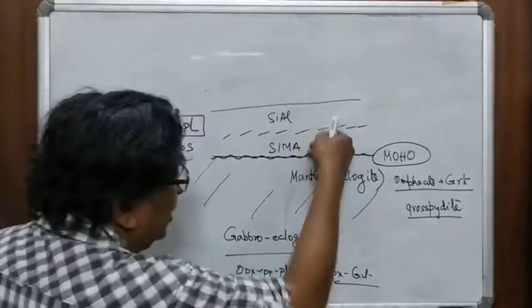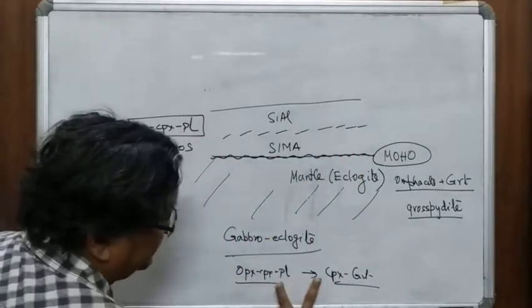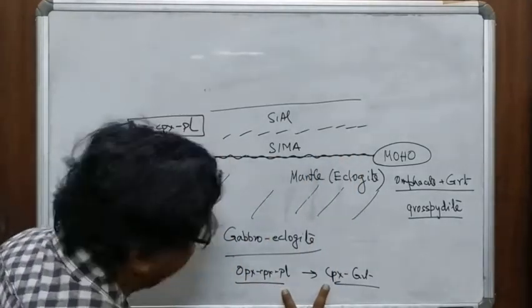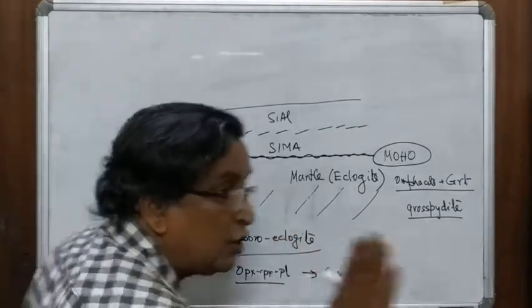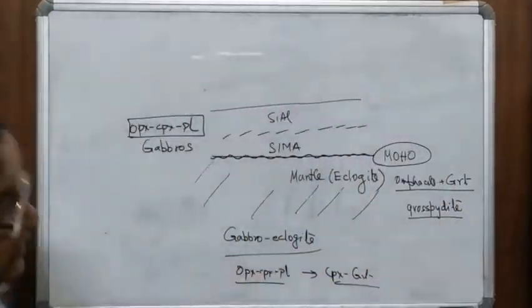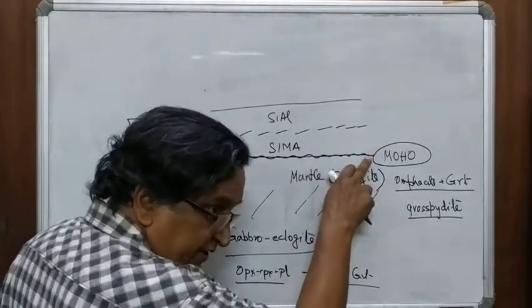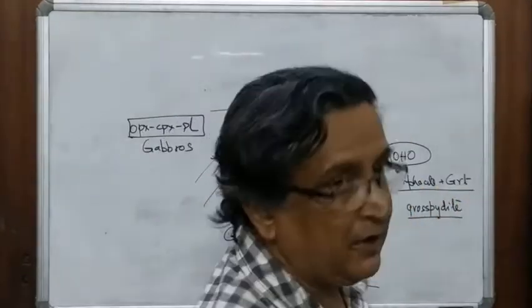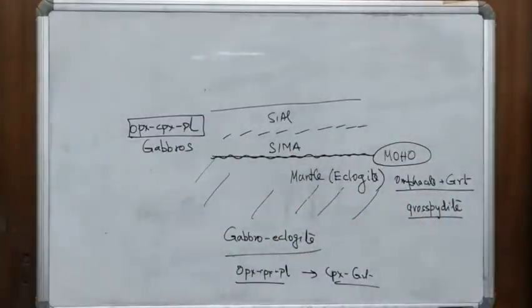One set of people thought there is no chemical discontinuity, and the transition is because of the transition of the mineralogy, OPX, CPX, plagioclase to CPX garnet. No chemical change. The other people thought that no, the Mohorovicic discontinuity is a chemical boundary, and this debate went on for quite a while.